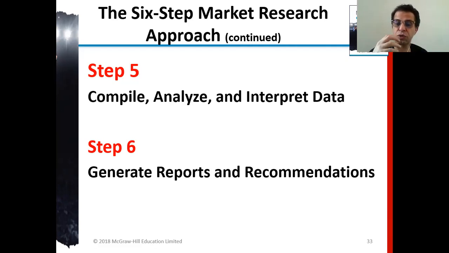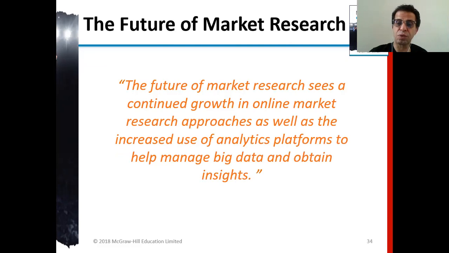The next step is to generate a report, and from that report you write a recommendation of what you're supposed to do. These are the steps you need to do in marketing research in order to come up with a marketing conclusion, build your marketing plan, and build your business plan.